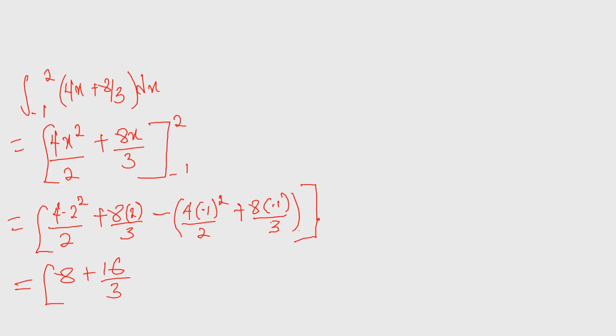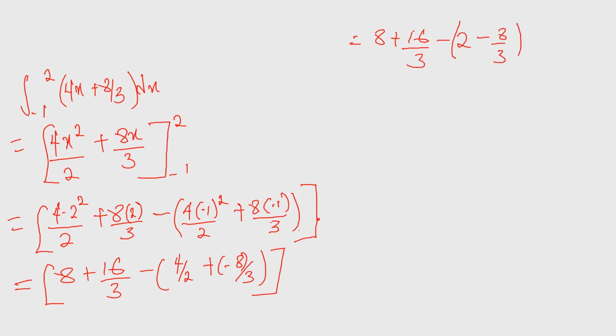Then minus 4 over 2 plus, rather, plus minus 8 over 3. Then we have 8 plus 16 over 3 minus 2 minus 8 over 3. By opening the bracket, you have 8 plus 16 over 3 minus 2 plus 8 over 3.